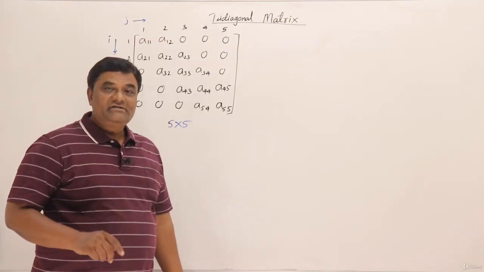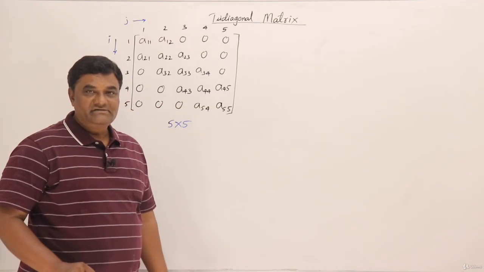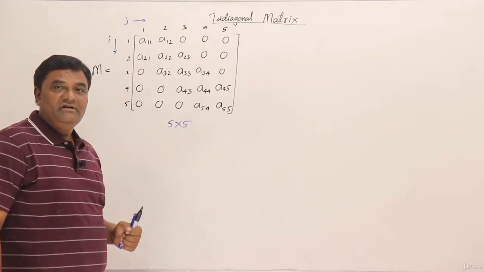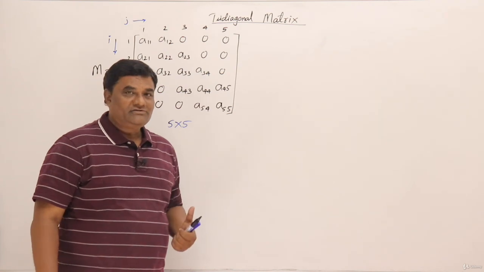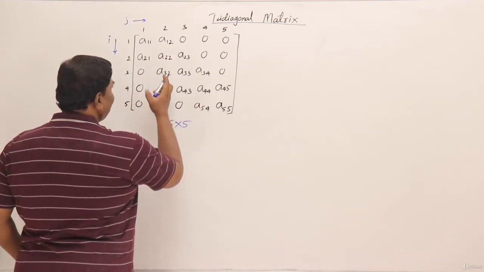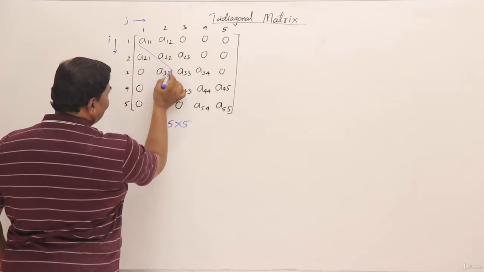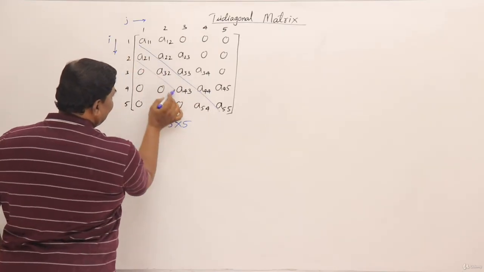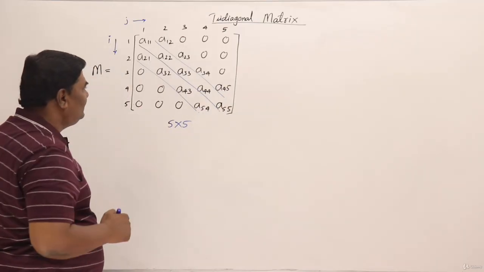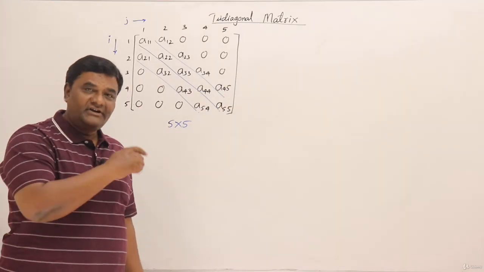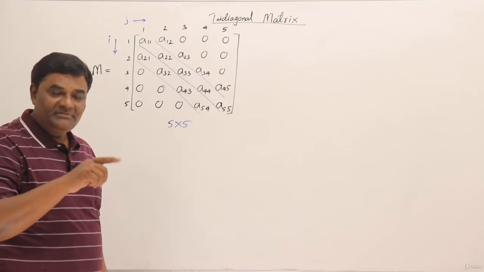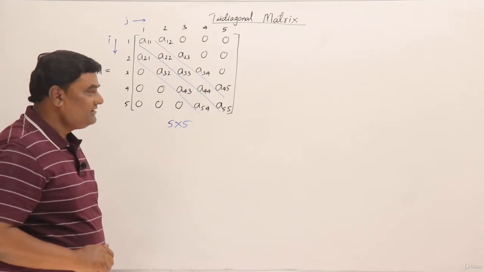Our next topic is tri-diagonal matrix. Here I have an example of a 5 cross 5 matrix, and it's a tri-diagonal matrix. What does it mean by tri-diagonal matrix? If you look, the elements are there in the main diagonal, then in the lower diagonal, then in the upper diagonal, and the rest of the elements are all zeros. Let us define the property of this matrix based on indices, row number and column number, that is i and j.